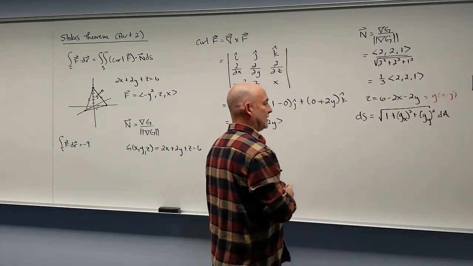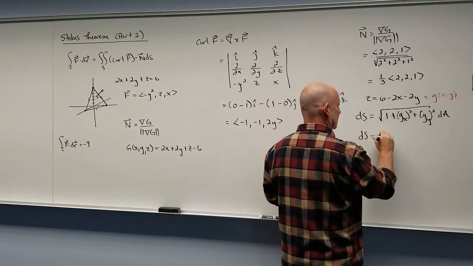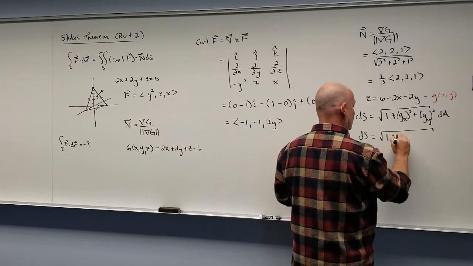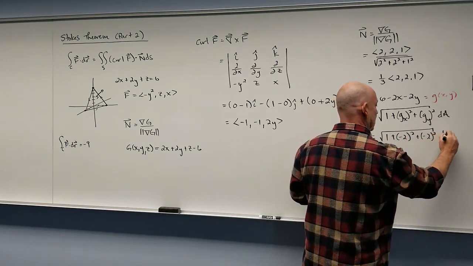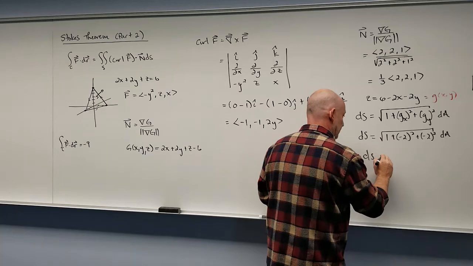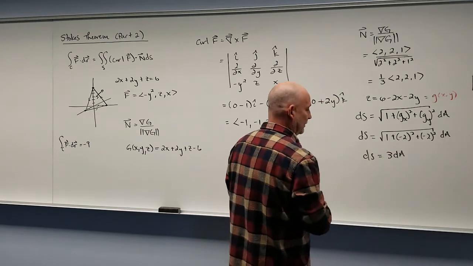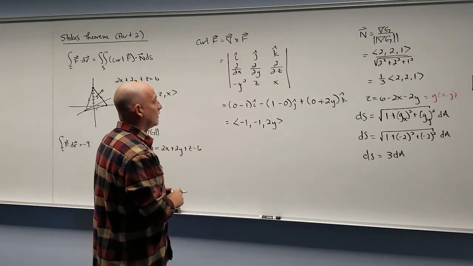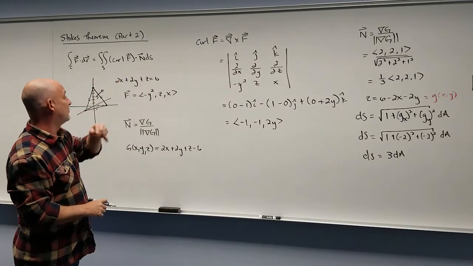We're going to remember what that dA is in a second. When we plug this in, dS is going to be the square root of 1 plus (-2) squared plus (-2) squared dA. This is just going to be 3 dA. That gives you 9, and the square root of 9, of course, is 3. Okay, so we have almost all the pieces that we need to plug into this formula.